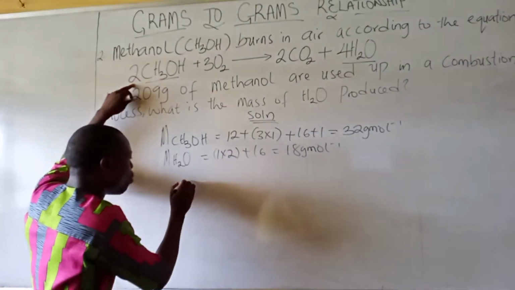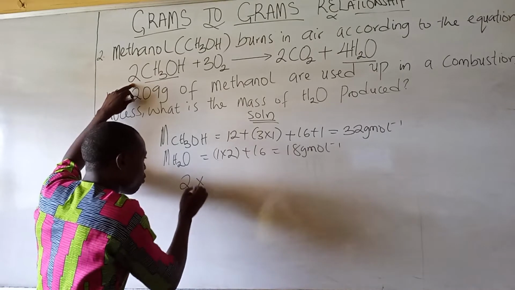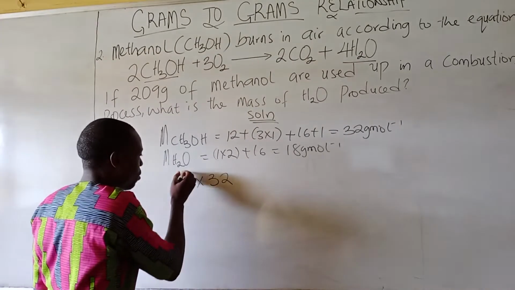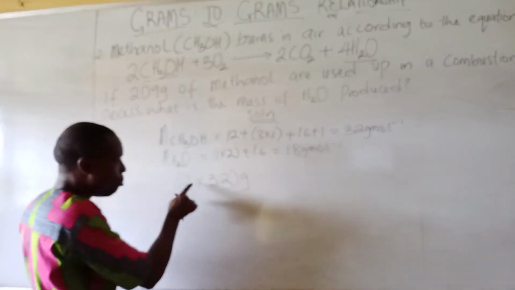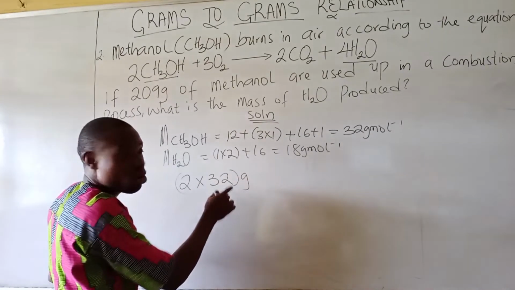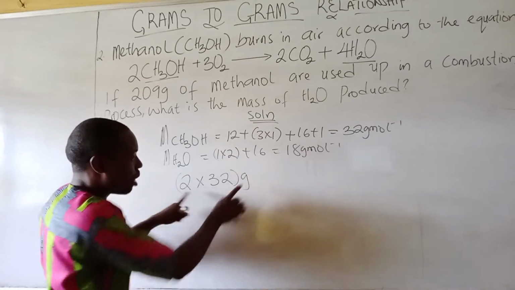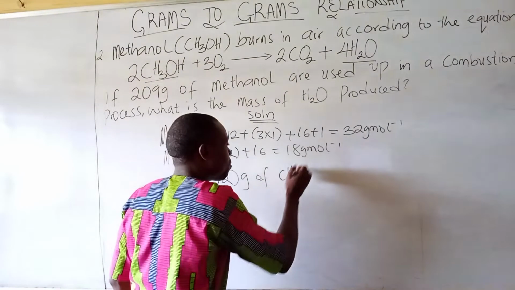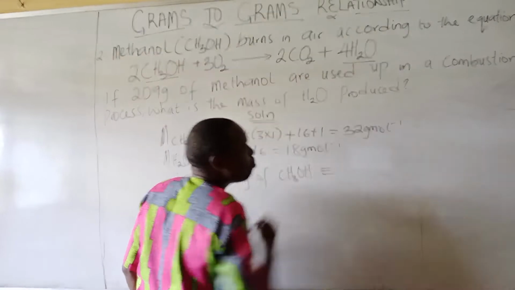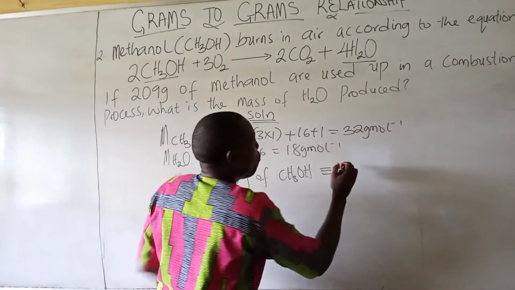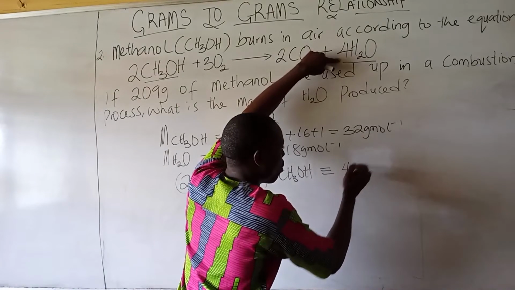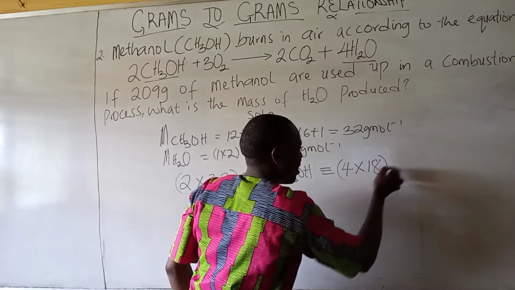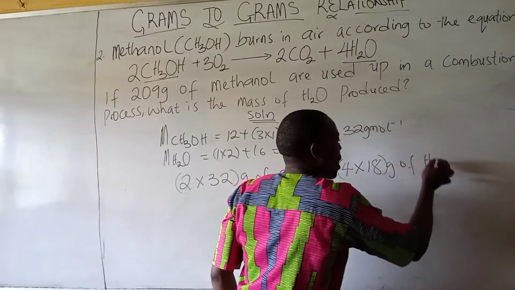So 2 moles of methanol, with a molar mass of 32 gram per mole, the moles cancel, leaving grams of methanol, would yield 4 moles of H2O, which is 18 gram per mole of water.